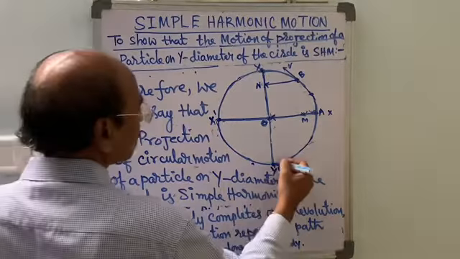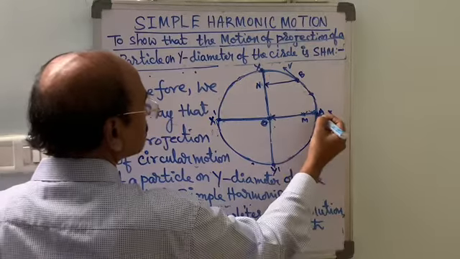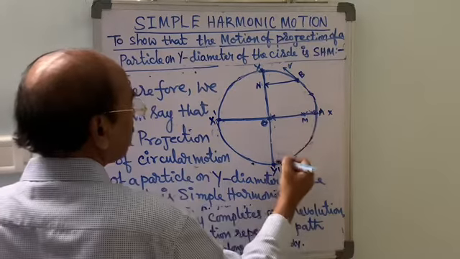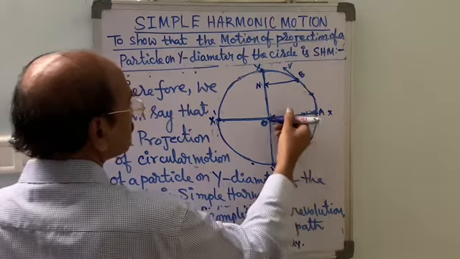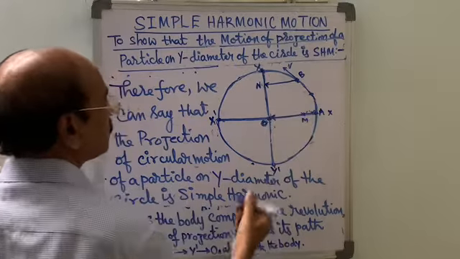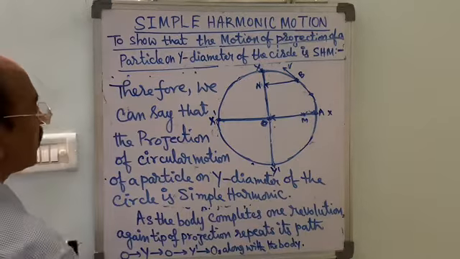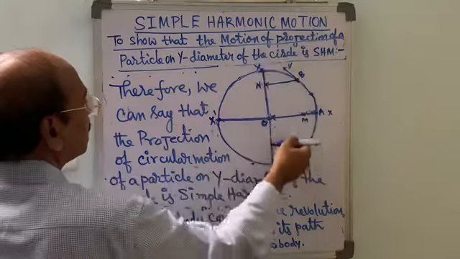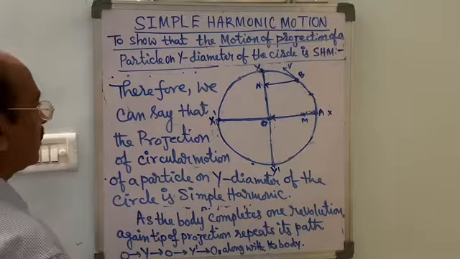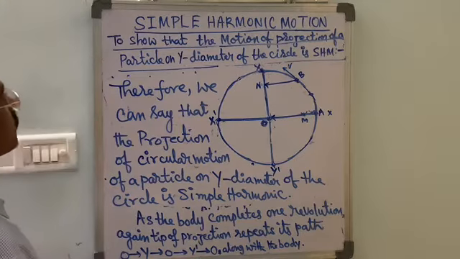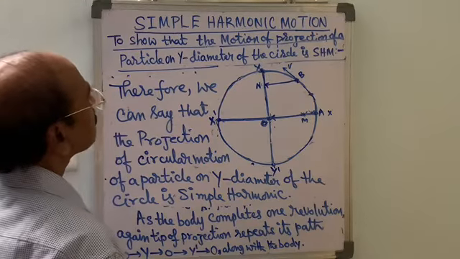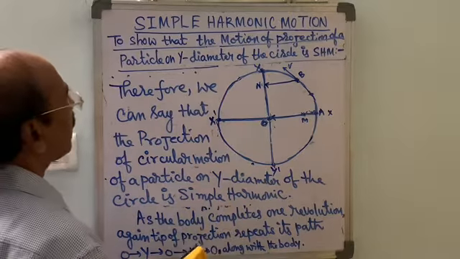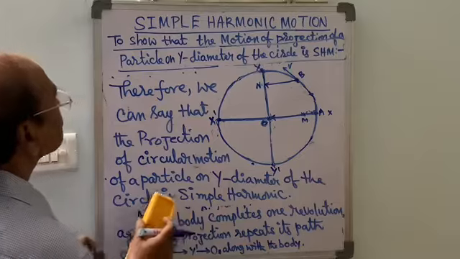When the body moves from Y dash to the starting point on the X diameter, the tip again moves from Y dash to O, and the motion repeats after the time period. So the projection of the motion of the body on the diameter is simple harmonic.